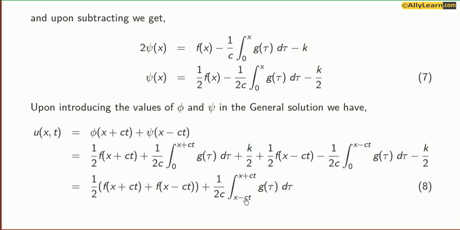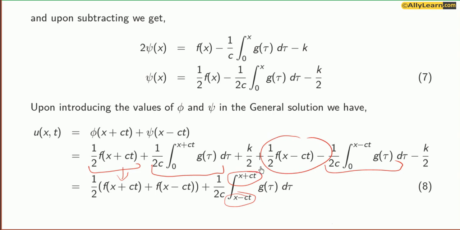So we have this integral from x minus ct to x plus ct obtained by clubbing these two integrals. And this term is as it is over here, as well as this term is as it is over here. So friends, this is the final solution of our Cauchy problem for the case x is more than ct.